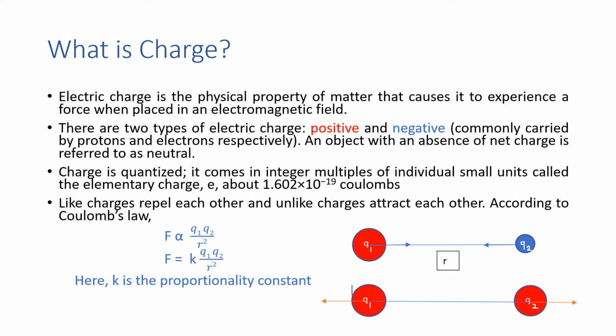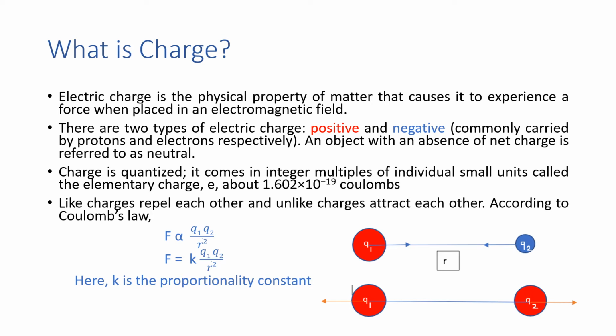So here we have two charges, q1 and q2. In the first example, q1, the red one, is positive, and q2, the blue one, is negative. We know from Coulomb's law that the same charges repel each other and opposite charges attract each other.